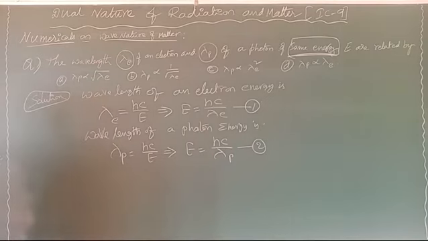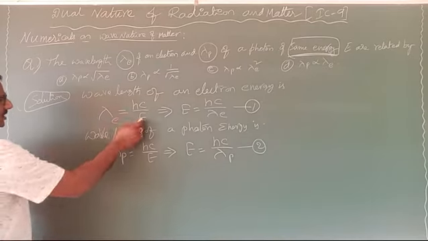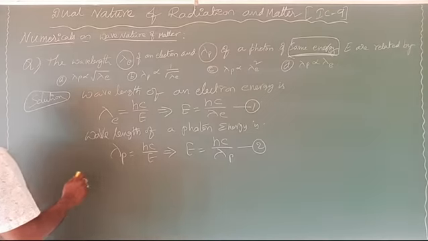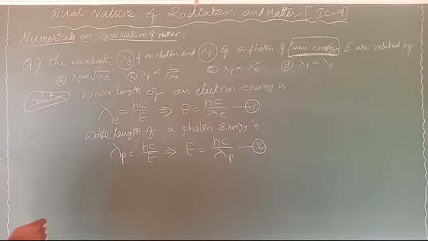Now, squaring on both sides, what do you get? Very simple. Lambda can also be written in terms of energy and mass.